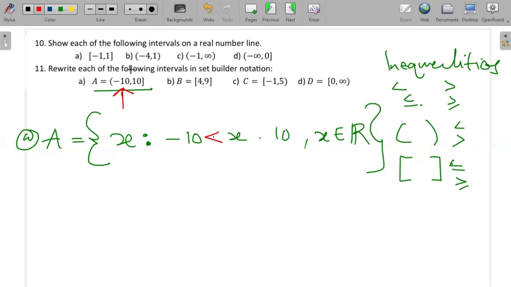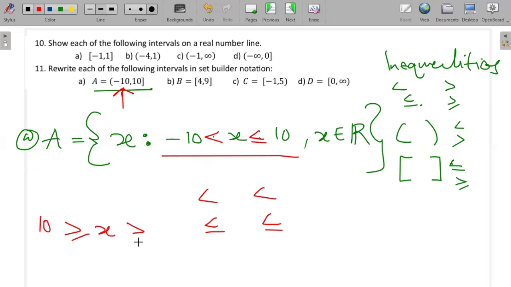And then this other 10 here, this was minus 10. This positive 10 is included because I can see a square bracket. So I'm going to put it like that. When writing intervals, guys, these inequalities should always face this direction. Never, when you're writing an interval like this, say something like 10, then x, and then like that.